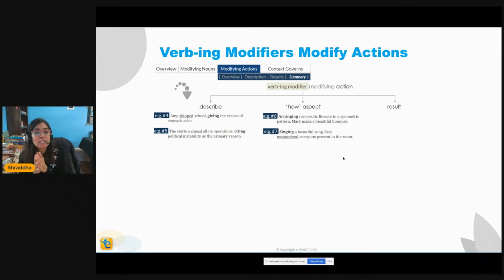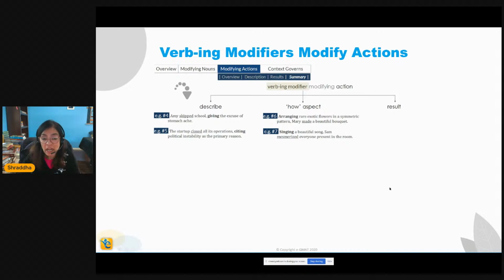So when a description is taking place through the verb ing modifier, the modifier can be written either before the modified clause or after the modified clause. So that's the point that you want to note, that when the verb ing modifier is acting as an action modifier and presenting the description in any way, generic description as we see in examples 4 and 5, or the how aspect in example 6 and 7, we can write the modifier before the clause and after the clause.